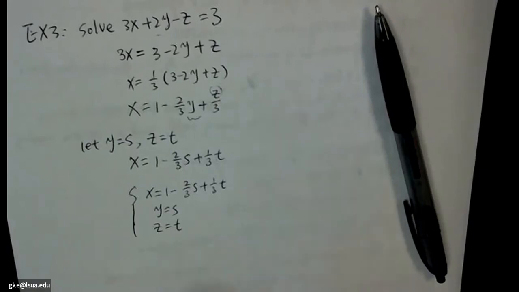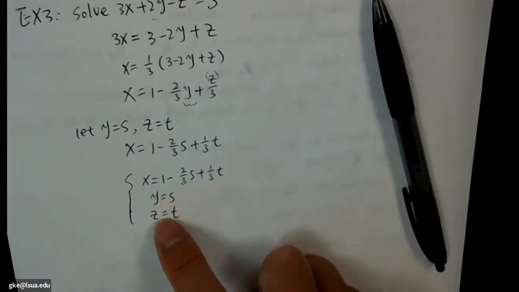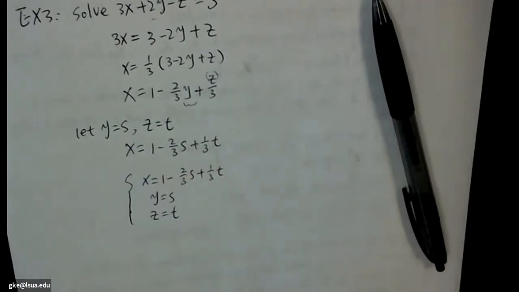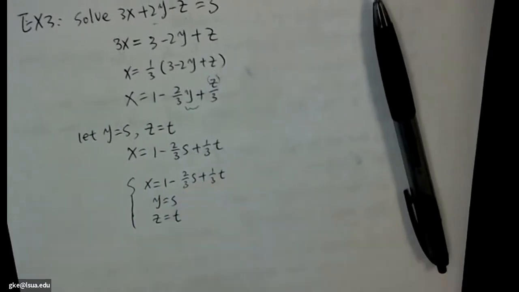For example, if I pick s and t to be 0, then y equals 0, z equals 0, and x equals 1. That is one specific solution for the linear equation. And of course, you can pick s equals 1, t equals 2, plug in, and you get another solution.